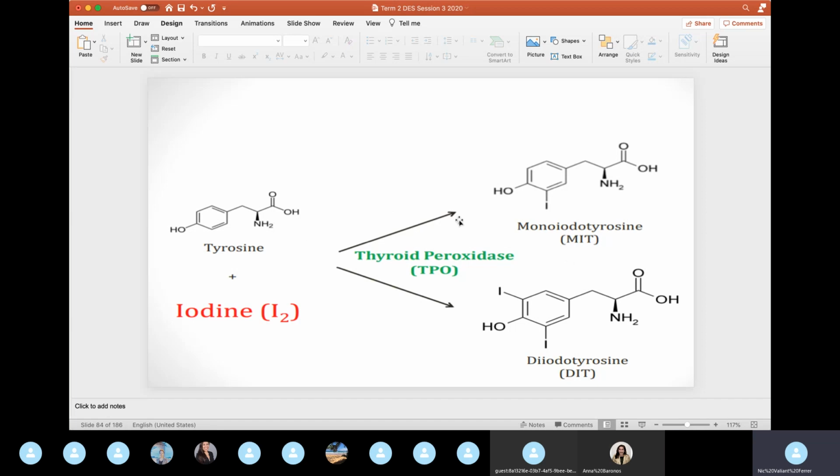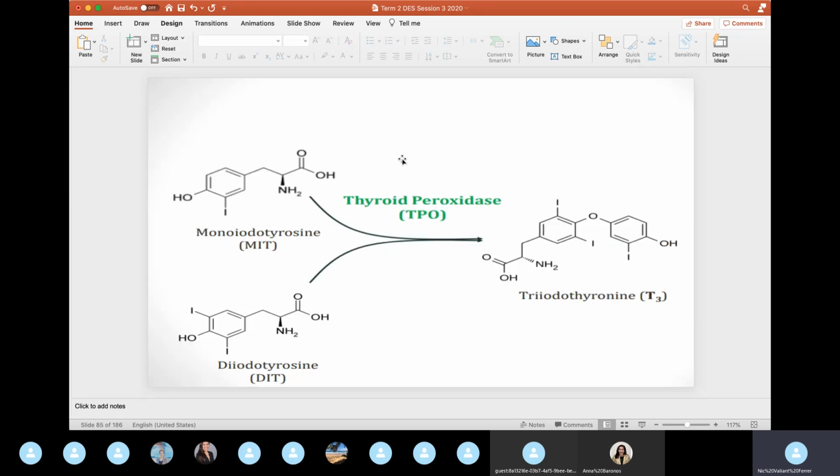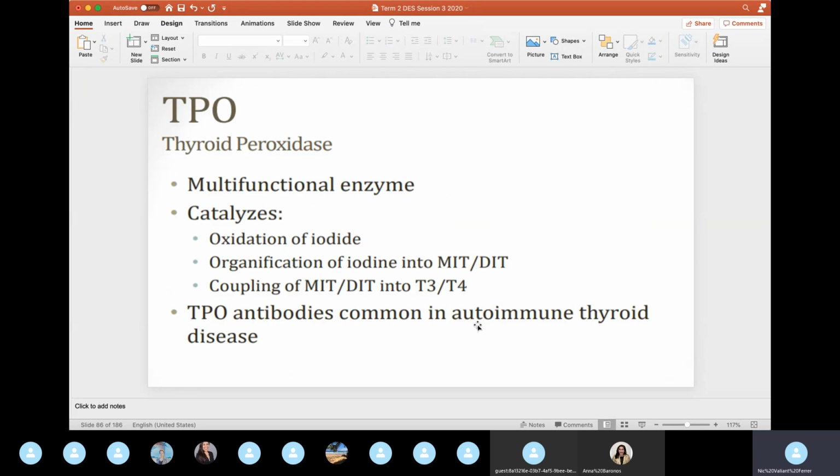So you need thyroid peroxidase. Most of your anti-thyroid medications act against this enzyme, against your thyroid peroxidase. Another one, thyroid peroxidase also for iodination, right? Putting iodine into your tyrosine.